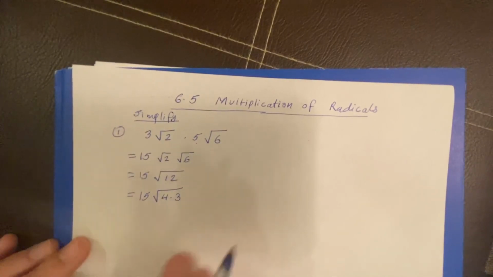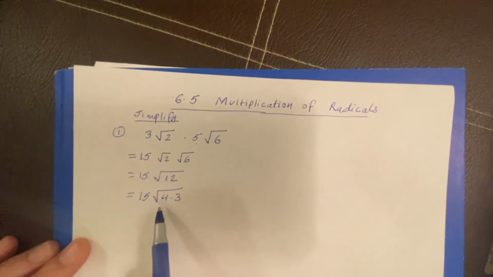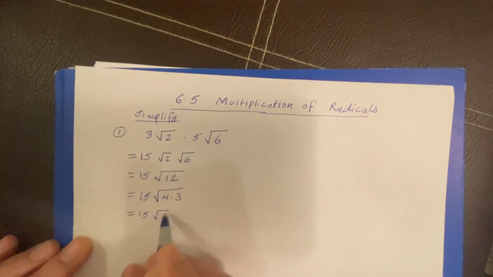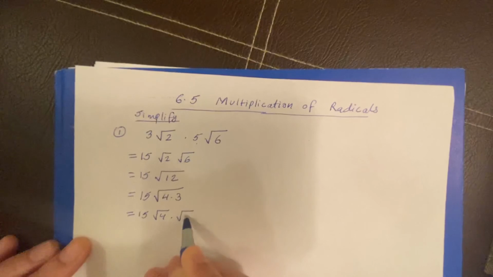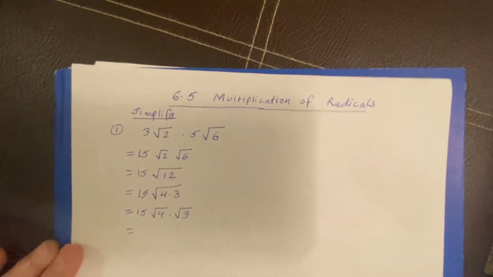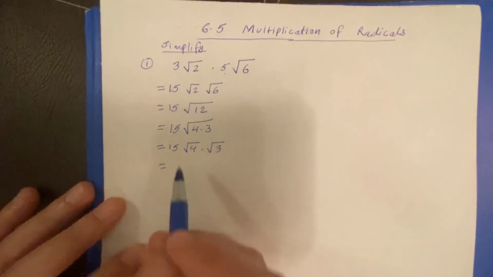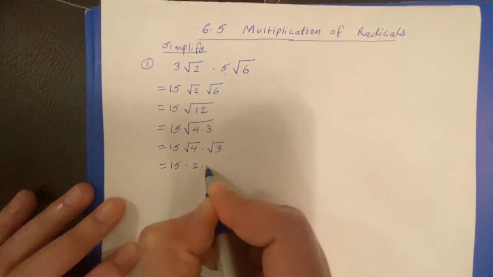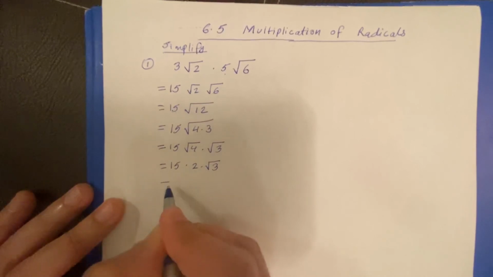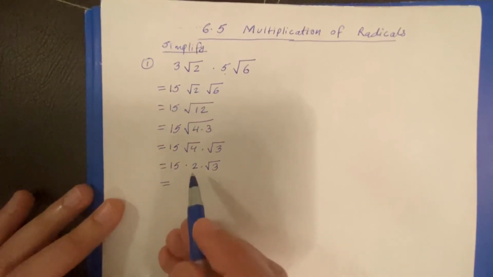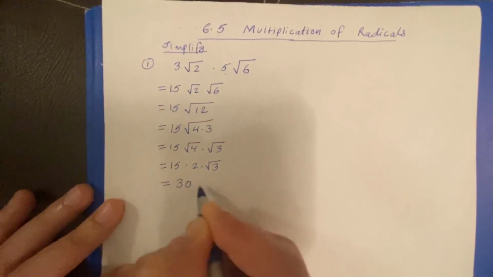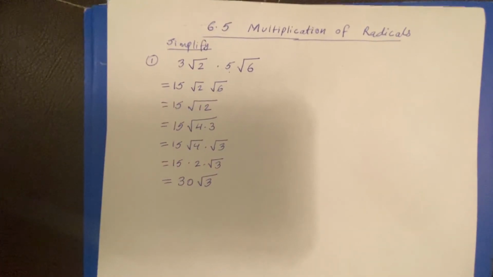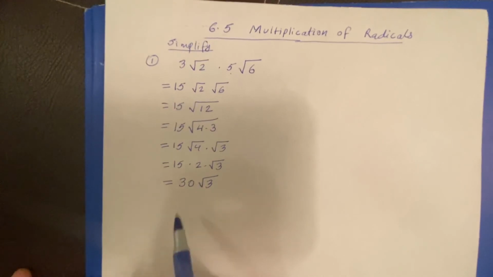Square root of 4 is 2, so we get 15 times 2 is 30, and square root of 3. All right, so this is the final answer.